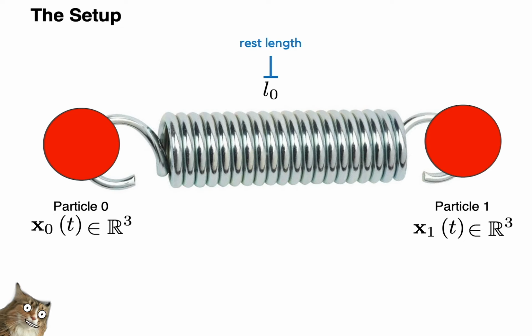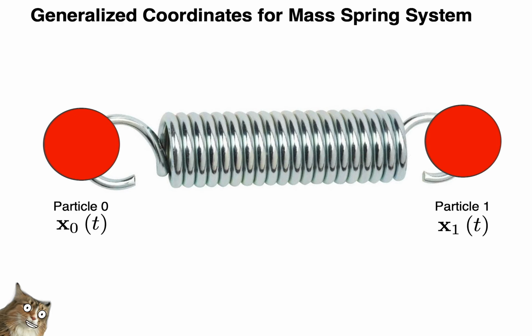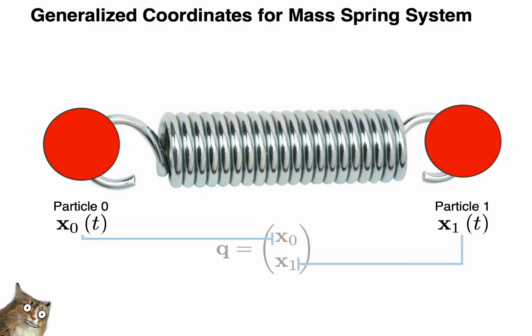Now let's take this new setup and work through building the associated equations of motion. To do this, we'll follow the exact same steps as we did for the 1D spring, starting with defining the generalized coordinates. Previously, the position of our only particle was used for the generalized coordinate. The configuration of our new 3-dimensional spring depends on the positions of both endpoints.